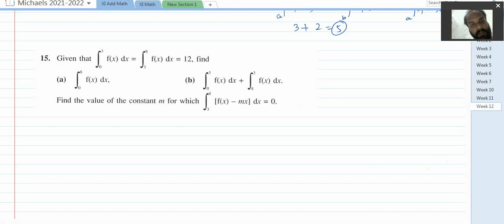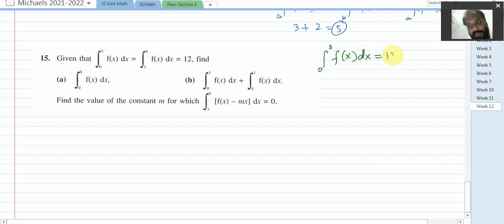Now if I write it down separately, it is given that from 0 to 3 f of x dx is equal to 12, and from 3 to 8 f of x dx is equal to 12 as well. So that is given. In the first part we need to find from 0 to 8.